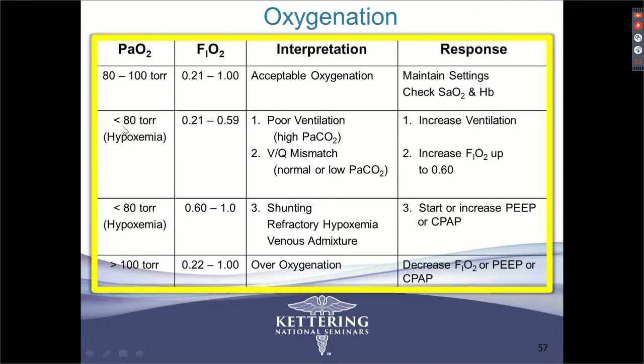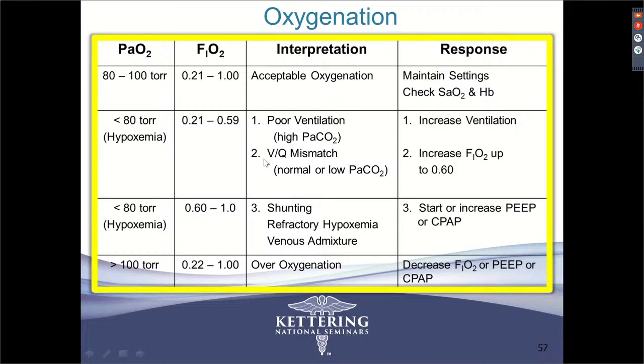If we have a PaO2 that's less than 80, we're going to call that hypoxemia on room air up to 60%. And that means there's only two things that can cause the hypoxemia if the FiO2 is in this range, 21 to 59%. It could be poor ventilation, and that would be determined by looking to see if they have a high CO2.